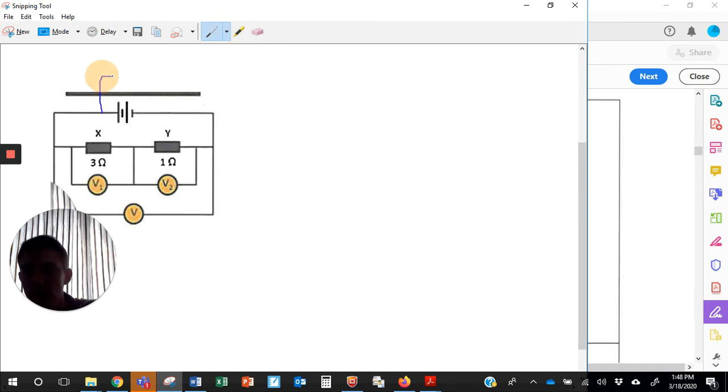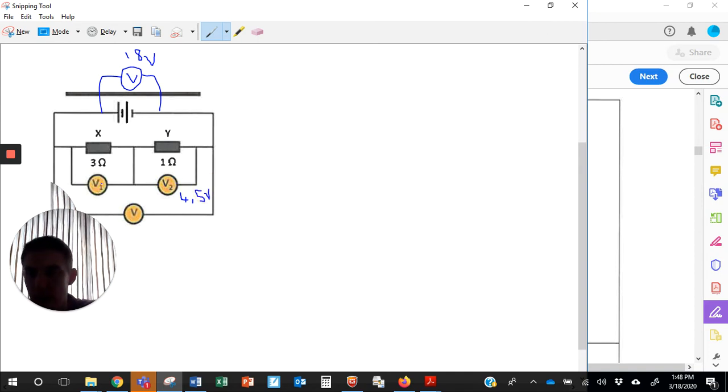So if I added a voltmeter over there, it would be 18 volts. So you can add that to your diagram. And this resistor for V2 is going to be 4.5 volts. So that's 4.5 volts for V2.